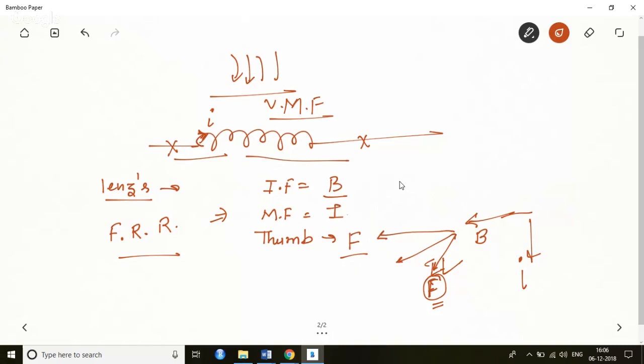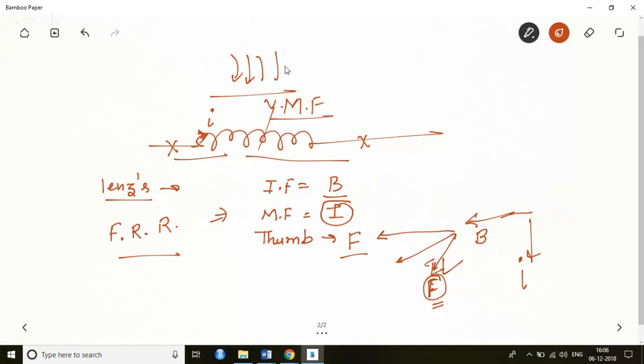So Lenz's law is all about determining the direction of the current induced, and the principle to determine the direction of the current is that the current would be generated in such direction so that it can oppose the incoming or the crossing varying magnetic field.